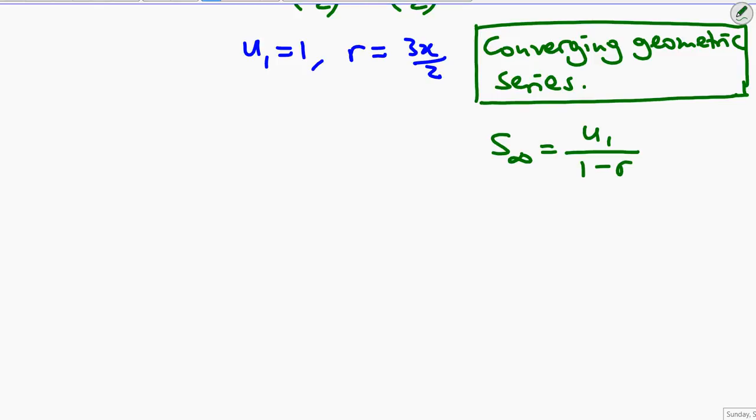So what we'll have here is the sum to infinity will be equal to, my first term is 1 over 1 minus my common ratio, which is 3x over 2, and this is equal to 4.